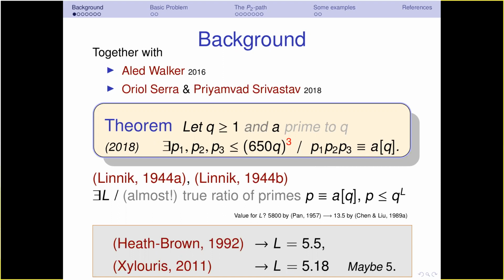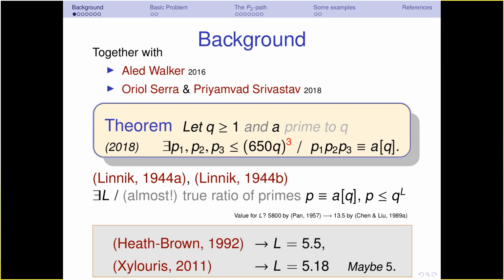The best exponent we have till now is most probably 5, maybe 5.18, and it's definitely not explicit. I mean, if it is explicit, it is not with a decent constant. It has been a long problem to bring this constant down.